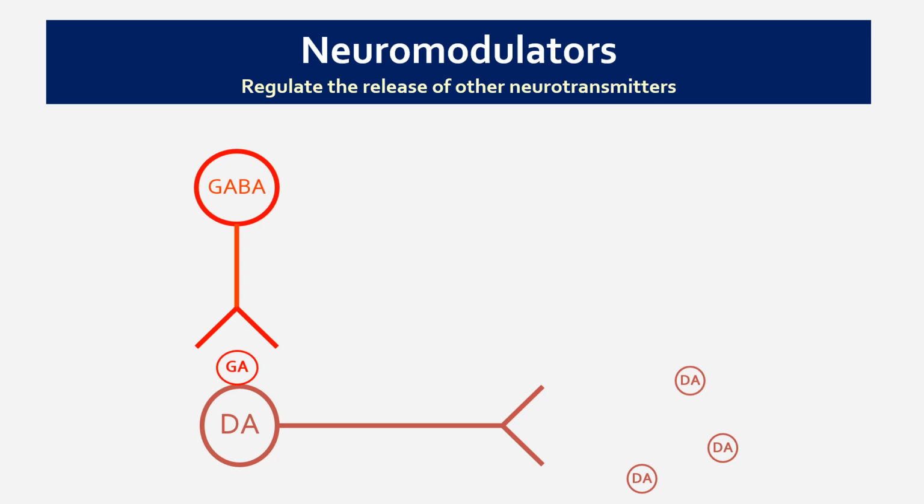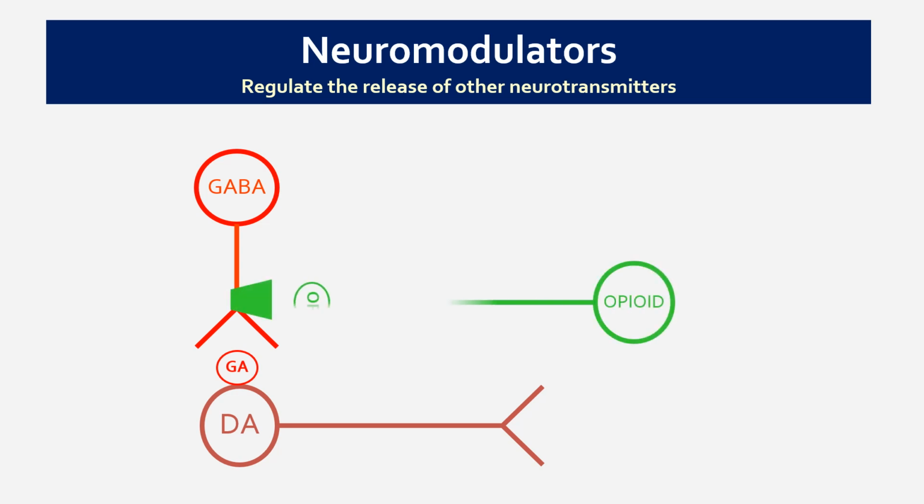So when GABA binds to the cell body of the dopamine neurons, it hyperpolarizes these dopamine neurons, makes them less likely to fire an action potential, so turns down the firing rate of these dopamine neurons, and less dopamine is released.